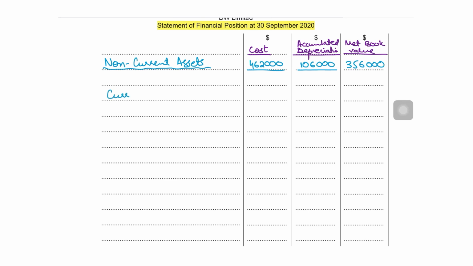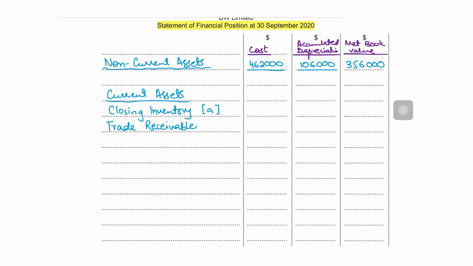Then the second part of the second heading is related to current assets. In this we include closing inventory, right? We calculated that in part A, and we also include trade receivables that were also given to us.